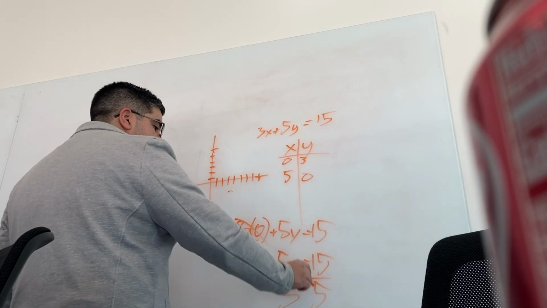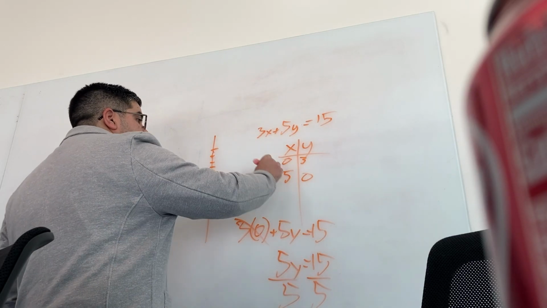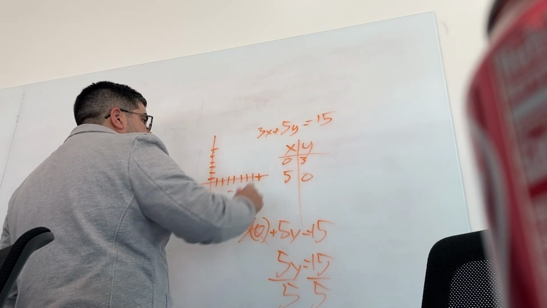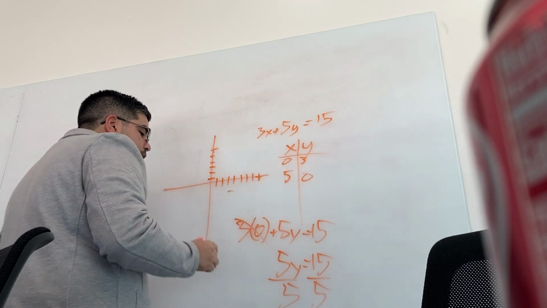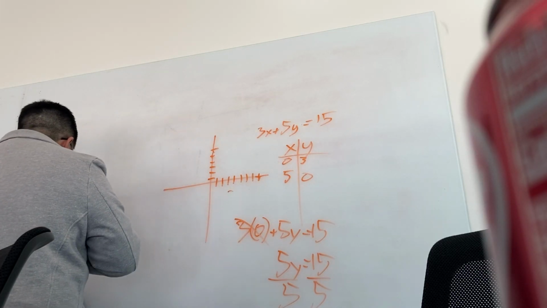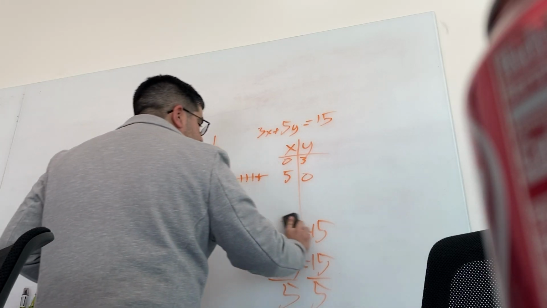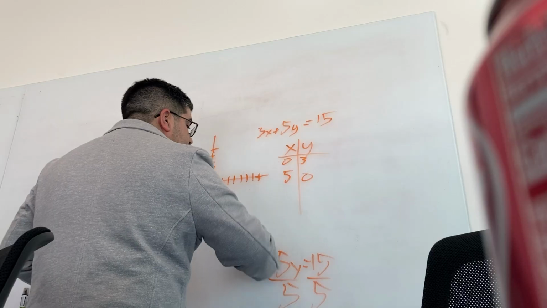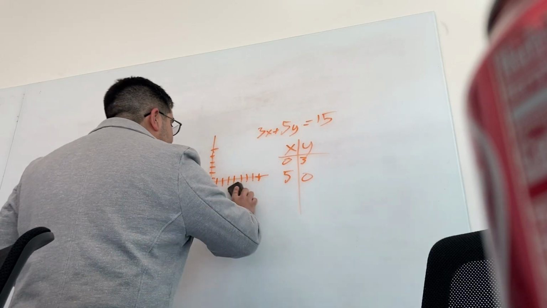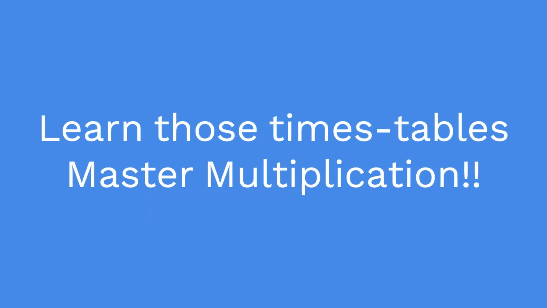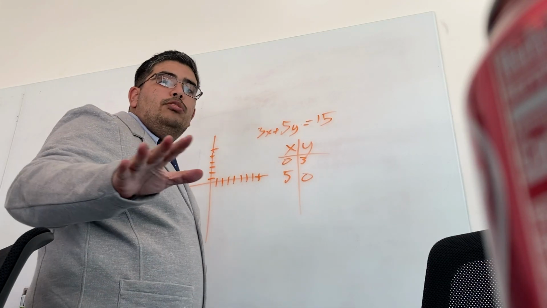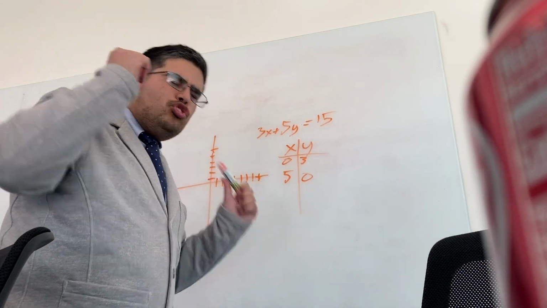So then y equals 15 over 5, that equals 3. Either way, same thing. It's really easy to do that math in your head, all right? Because you do the mental math, if you struggle with multiplication, learn those times tables. Learn how to multiply, because it'll make algebra, math so much easier.